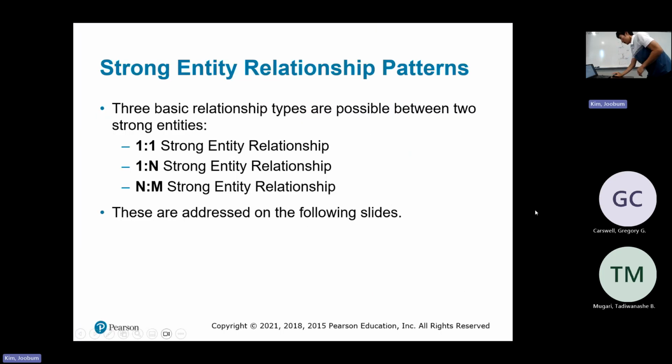A more detailed look at the parent relationships. So what is the difference between the strong entity and the weak entity? Do you remember? Strong and weak. Strong entity can exist without any help of other entities.